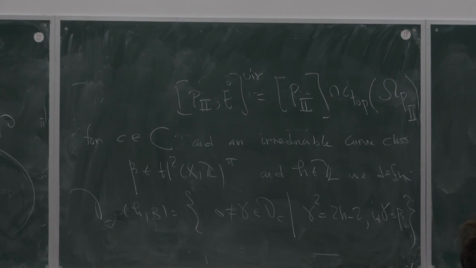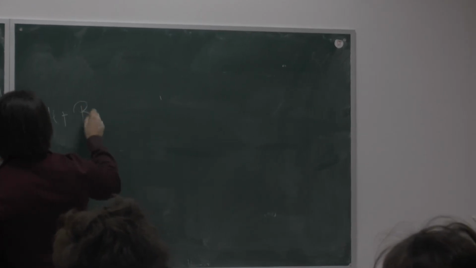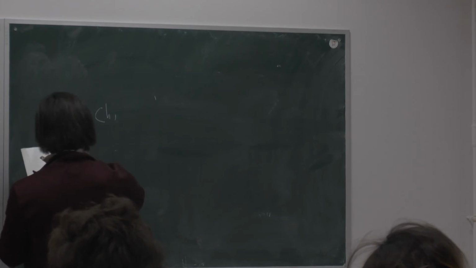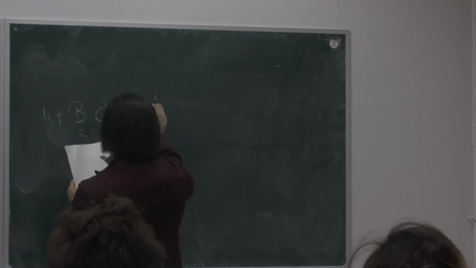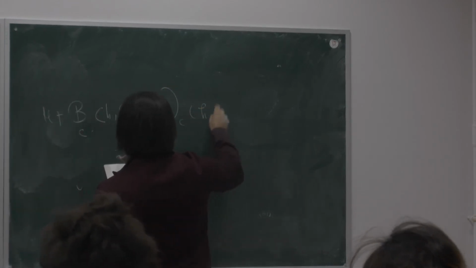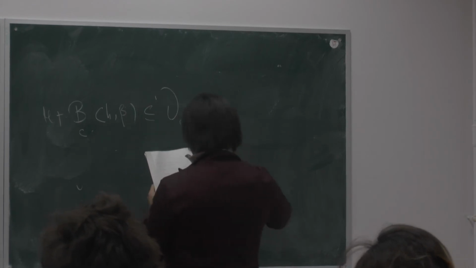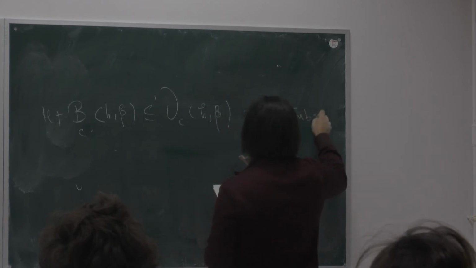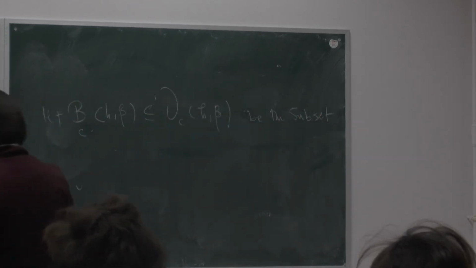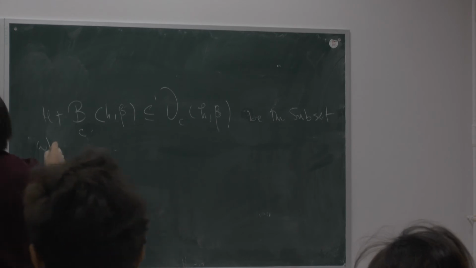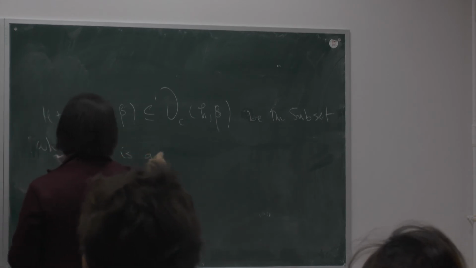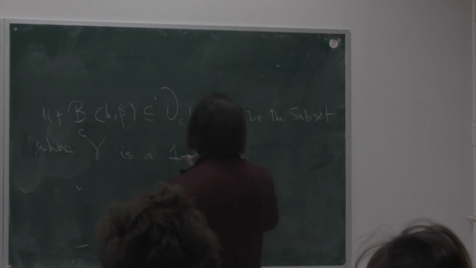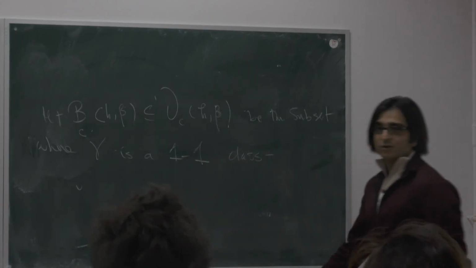Okay, so you get this locus, and then let E_C of h and beta, inside this locus, be the subset where gamma is a (1,1) class in the cohomology of the fiber.